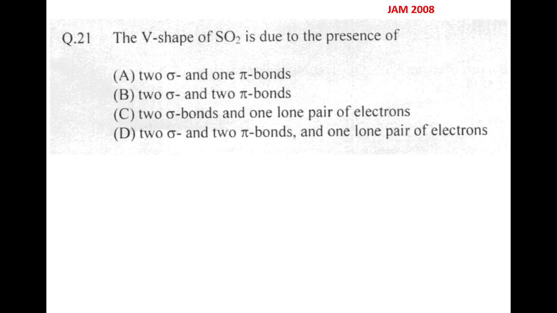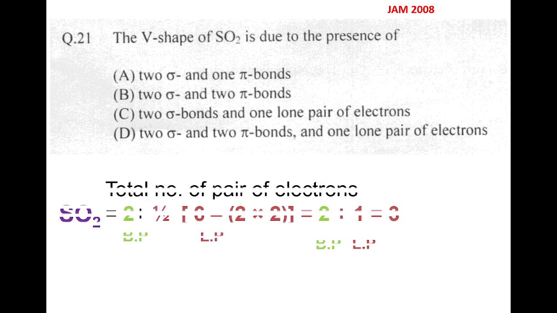Moving to the next question: the V shape of sulfur dioxide is due to presence of what? Here the shape is given, sulfur dioxide, V shape or bent shape. How many sigma bonds, pi bonds and lone pairs are there? Let us discuss the shape of sulfur dioxide.